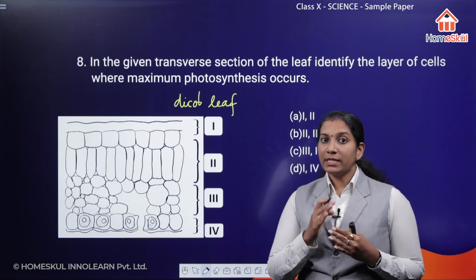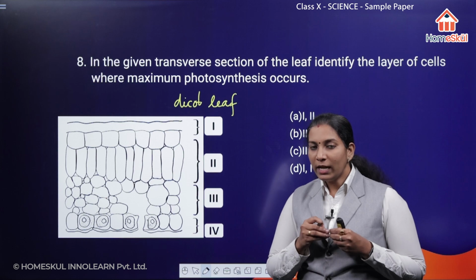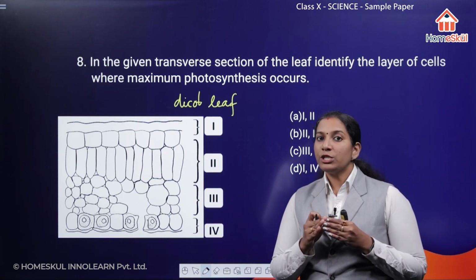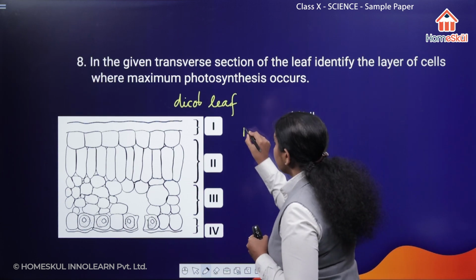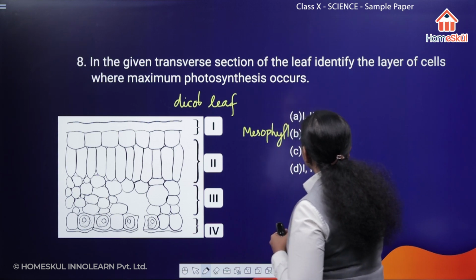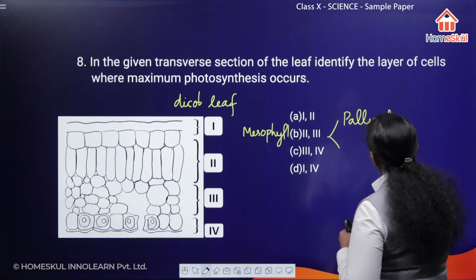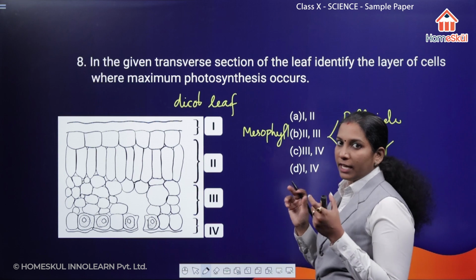So the ground tissue is actually the mesophyll cells, in which photosynthesis will take place, that you know, right? That mesophyll, the ground tissue, is differentiated into two types of cells, that is, the upper palisade and the lower spongy tissues. Okay, so this is actually the information.